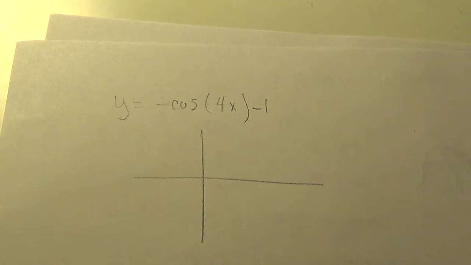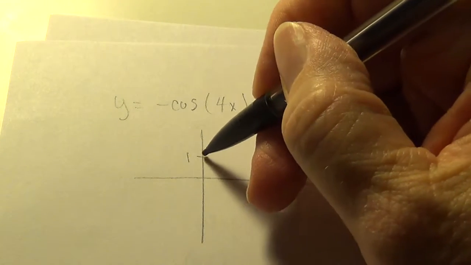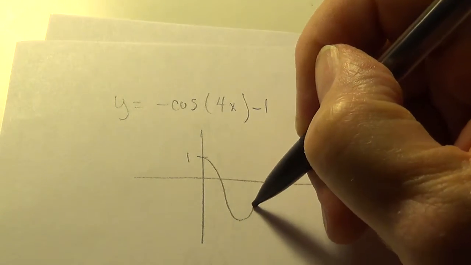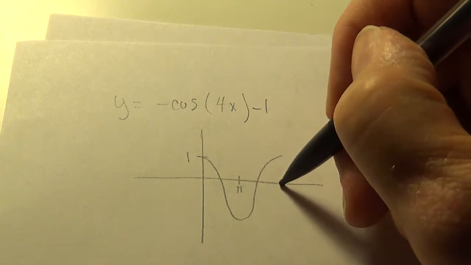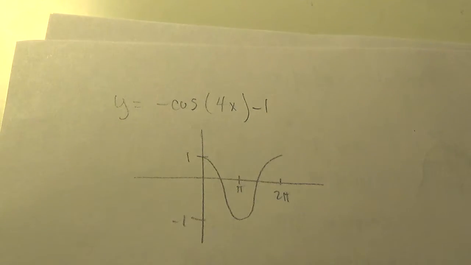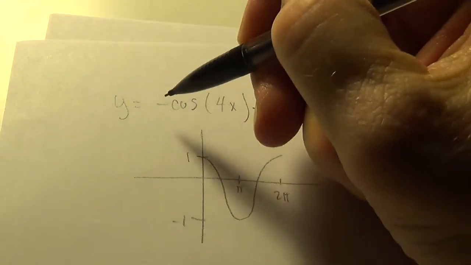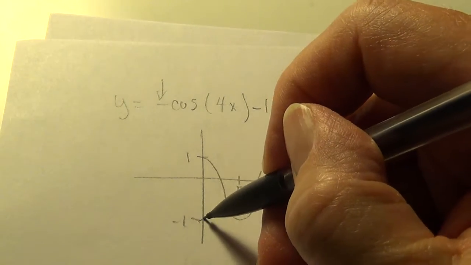Let us take the cosine curve, regular cosine, which starts at 1, and this is pi, and this is 2 pi, and this is minus 1. There's your basics. First of all, I noticed it's been inverted, negative, so I'm going to turn it upside down.